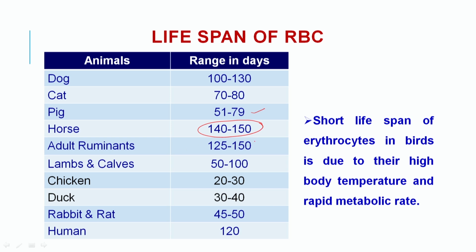All adult ruminants also live around 125 to 150 days, whereas in lambs and calves it is around 50 to 100 days. In chicken it is only 20 to 30 days, and in ducks 30 to 40 days. Rabbit and rat it is 45 to 50 days. In humans it is around 120 days. The short lifespan of erythrocytes in birds is due to the high body temperature and rapid metabolic rate.